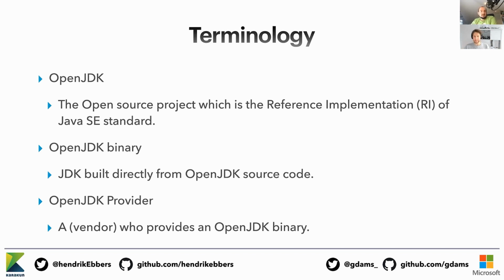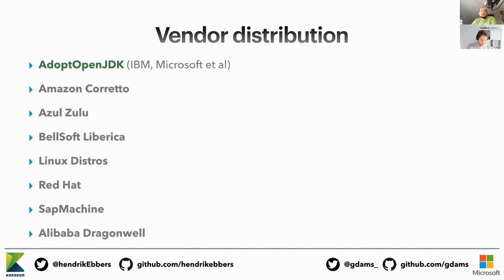Yep. As George mentioned, while there's only one OpenJDK, which is more or less the source of Java, there are several OpenJDK binaries, built out of the OpenJDK, and a lot of OpenJDK providers. Here you can see some of them.